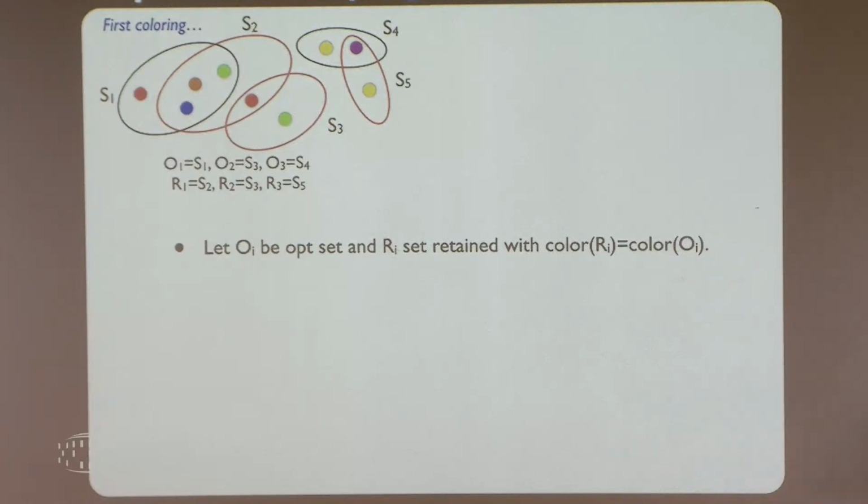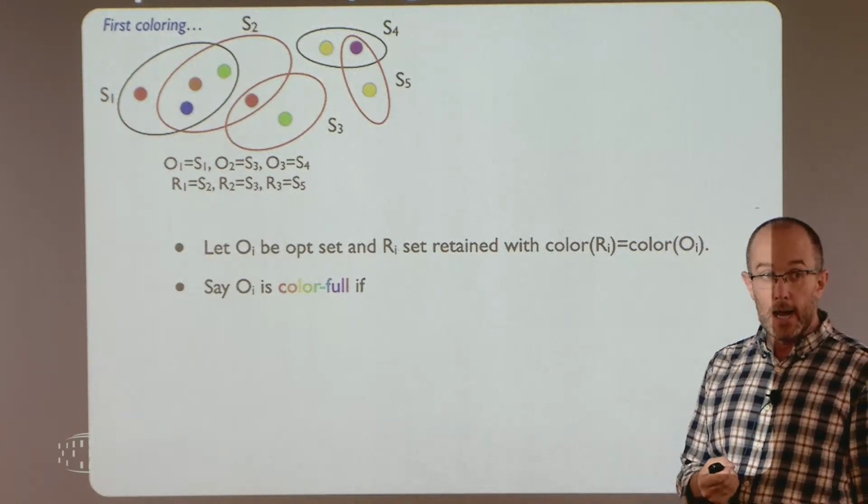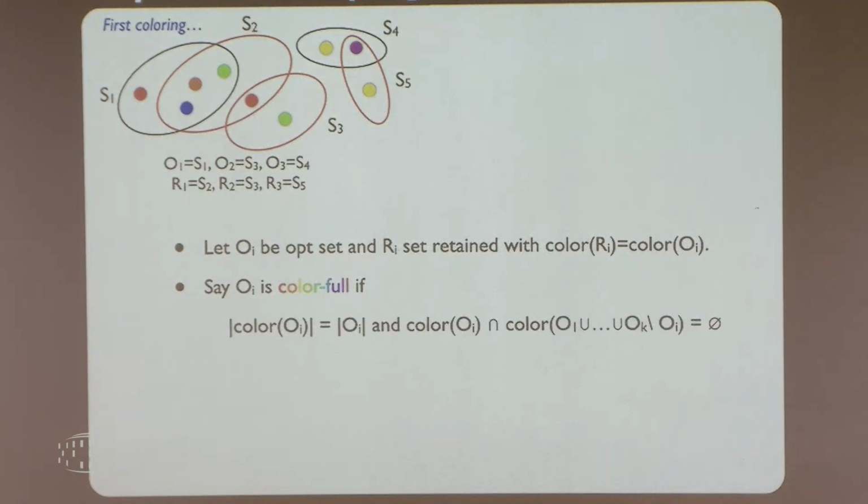And the sets that we've got with the same coloring as O_1, O_2, and O_3 are S2, S3, and S5. So we're going to say a set O_i is colorful if every element in O_i gets distinct colors, and the distinct colors that O_i gets are distinct from all the sets covered by the optimal solution, aside from the ones covered in O_i.